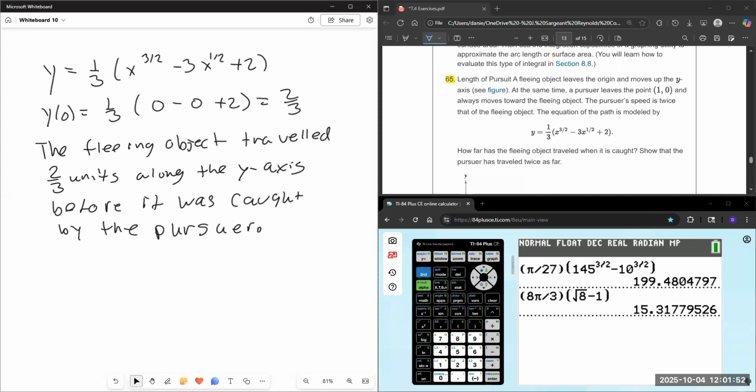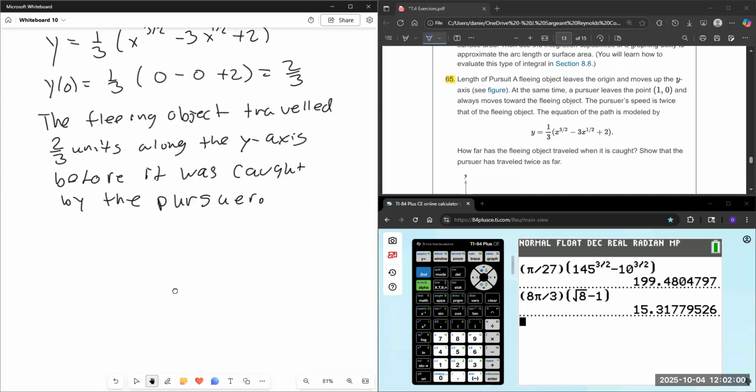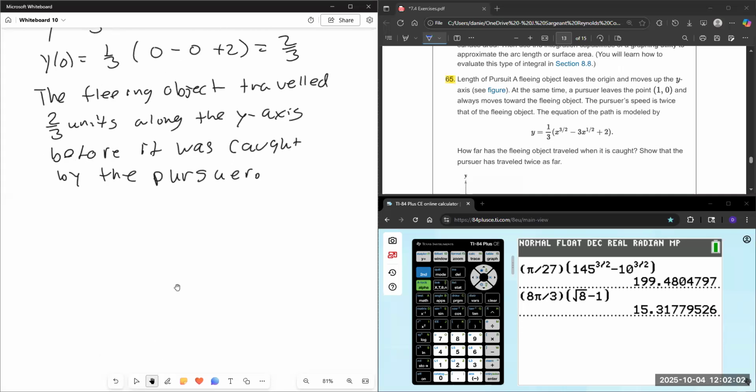Okay, so that's the first part, figuring out how far the fleeing object traveled. Now I need to prove with calculus that the pursuer traveled double that. So y prime is going to be 1/3 times 3/2 x to the 1/2 minus 3/2 x to the negative 1/2.